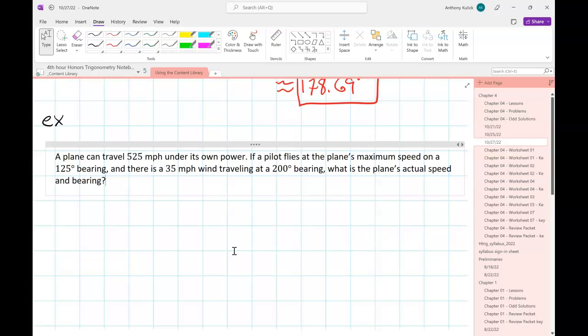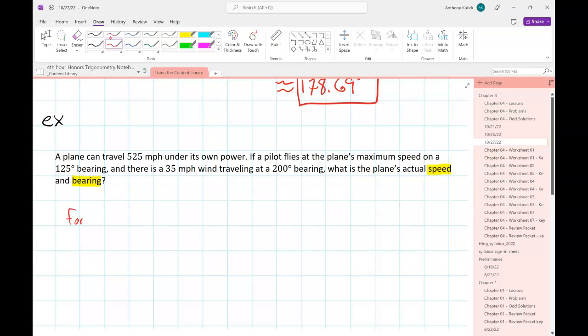So what are we looking for here at the end? Speed and bearing. Notice that here I'm asking for speed rather than distance. Everybody note that? Does that make much of a difference to us? No. So there's really two things happening here, right?